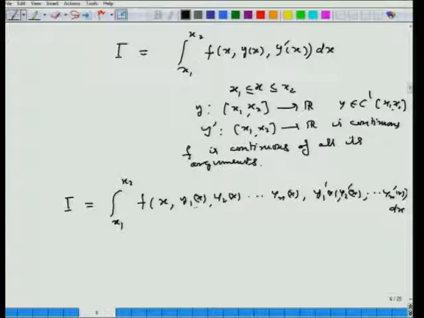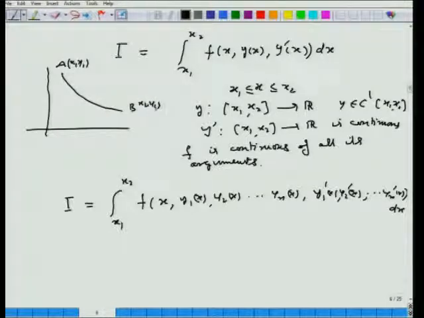And in addition to this, in this case we have the curve joining these 2 points a and b. So here the condition is that it should pass through (x1, y1) and (x2, y2).